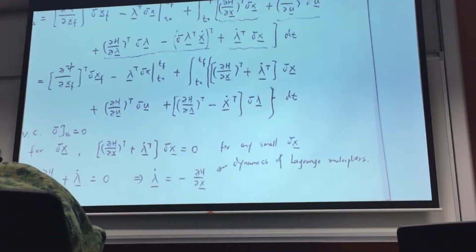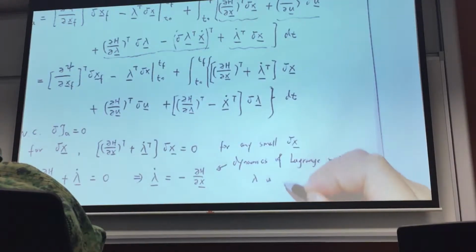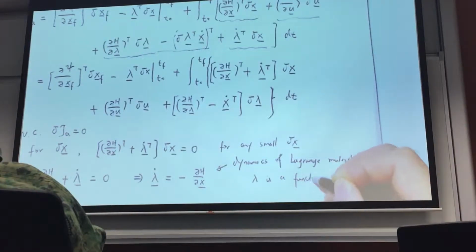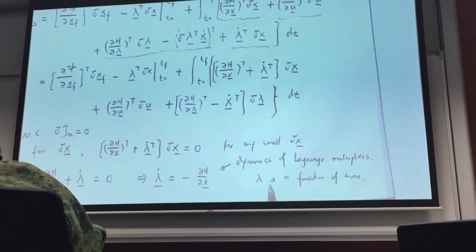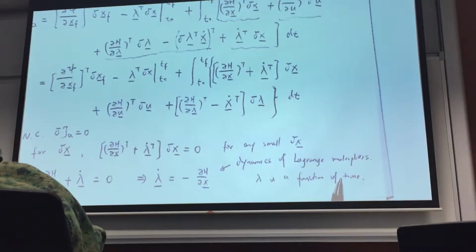Because now the lambda is a function of time. You remember in our previous techniques, the lambda is just a value. But here, the lambda is a function of time, so it will be changing with time.